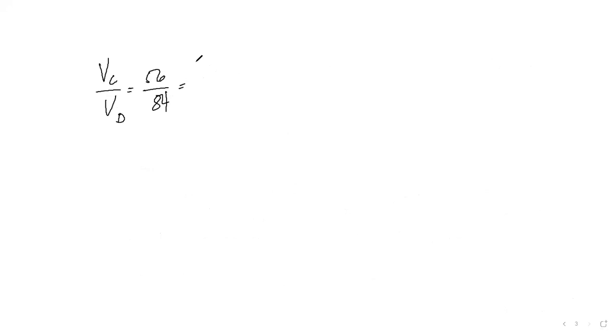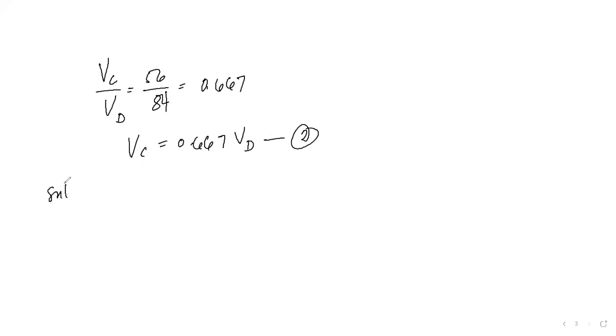And then substitute the equivalent relationship in the first equation. So 56 divided by 84, that would be 0.667. So we can say V sub C is 0.667 of V sub D. Equation 2.